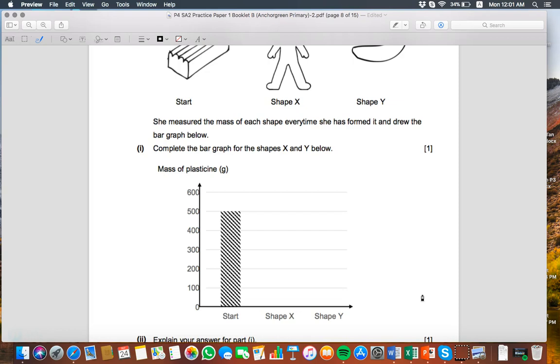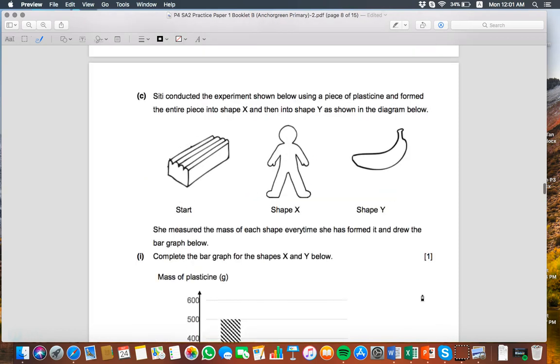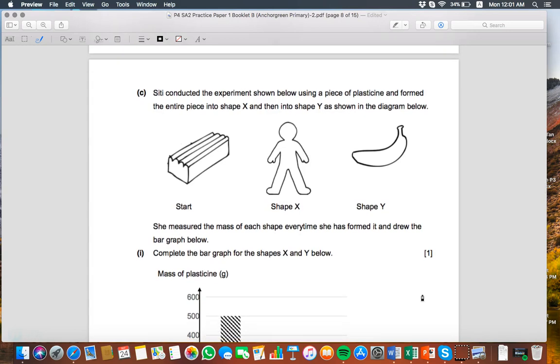It's the same plasticine. Now, what is the state of matter of plasticine? Is it a solid, liquid, or a gas? We have learned this. So it is a solid. Please write down the word solid.